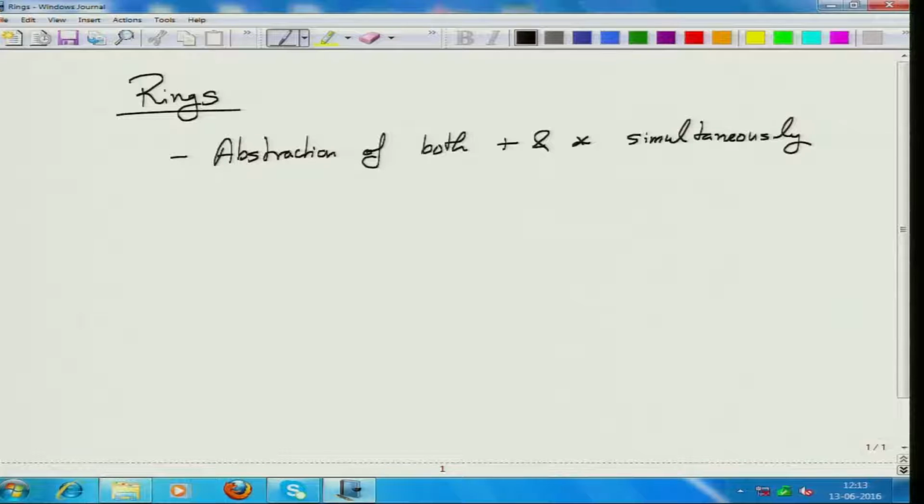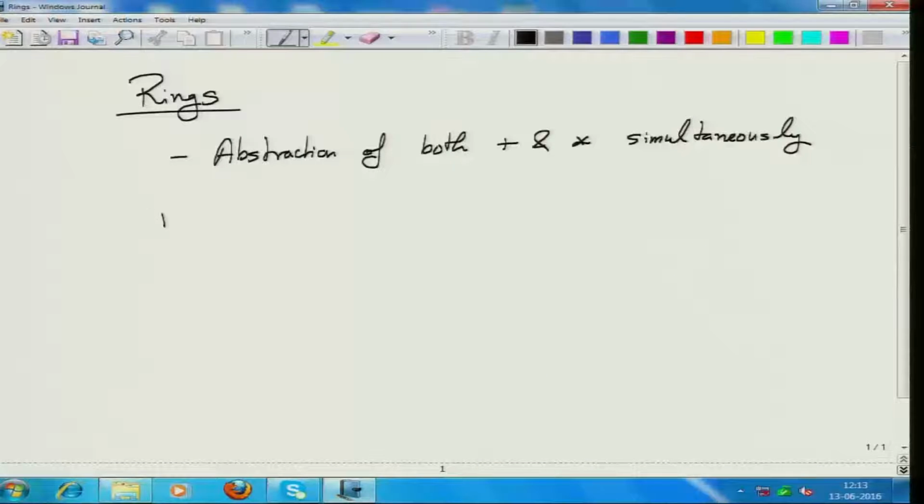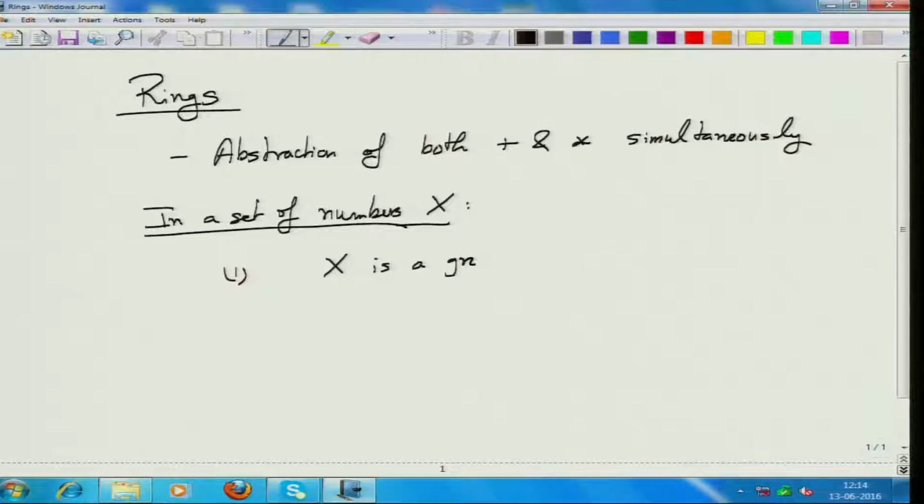Now if you see the set of numbers, the addition and multiplication operations satisfy certain properties. And we can express those properties in terms of the abstraction we already have. For example, in a set of numbers, let's say X is a group under addition, right?